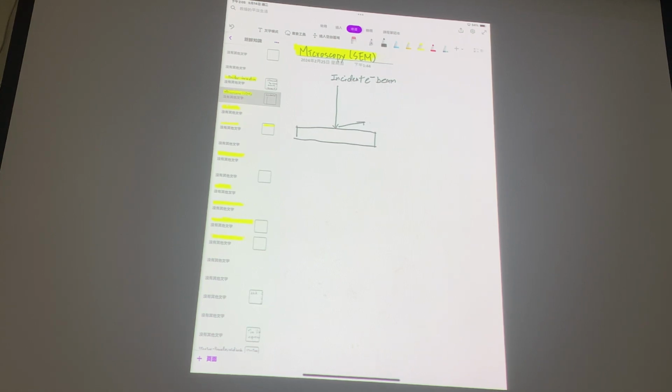That's the information we're looking at to get our SEM images. Of course, you can also use the backscatter electron to get that image as well. And of course, you have X-rays going on, and you have the Auger, whose energy is really weak.